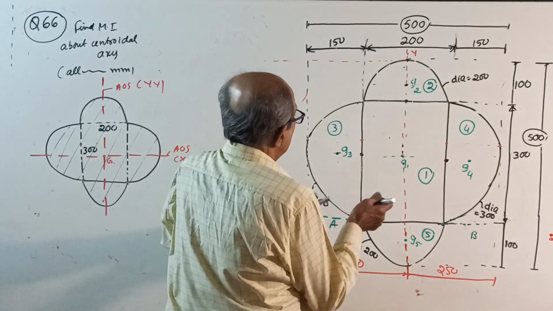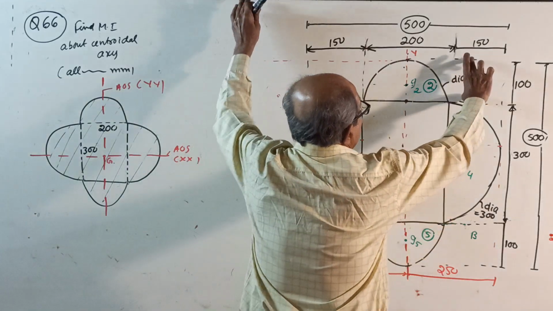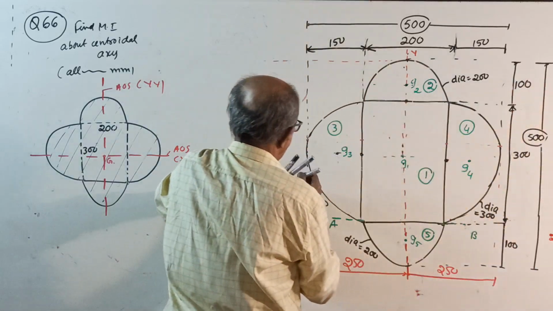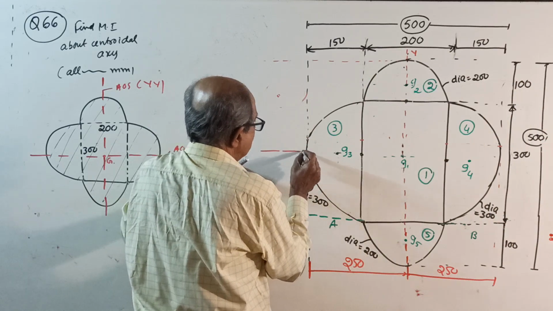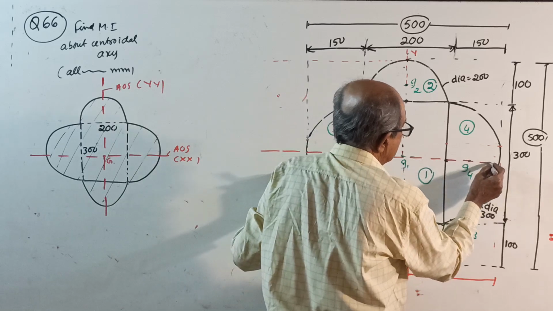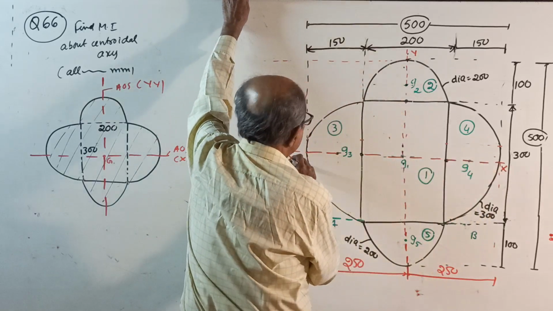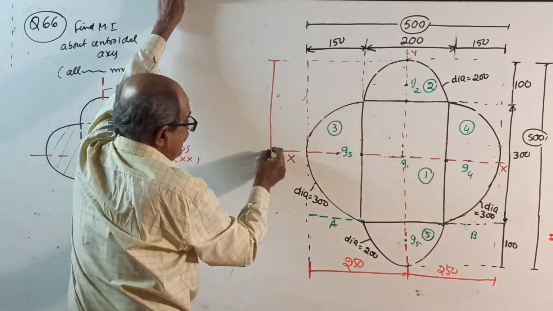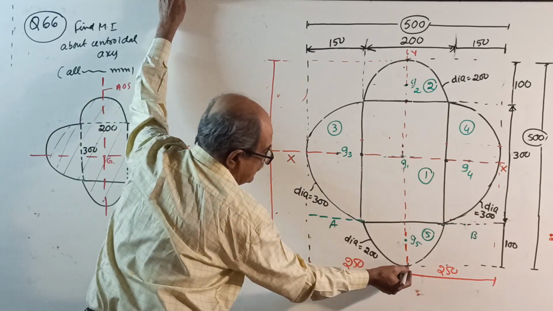Therefore, 100, 300, another 100, total 500. So your centroid will be here, and the centroidal axes XX and YY will be here, from the top to here, up to this level.